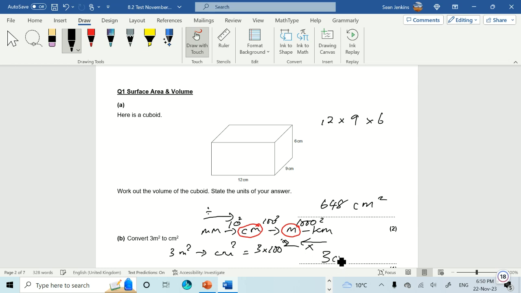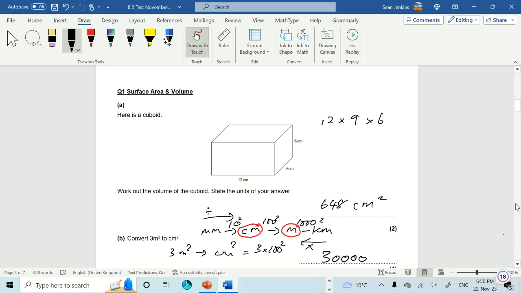So that's 3 and 1, 2, 3, 4. And that's your answer for part B, 30,000. So yeah, that's better. It looks like a square now.